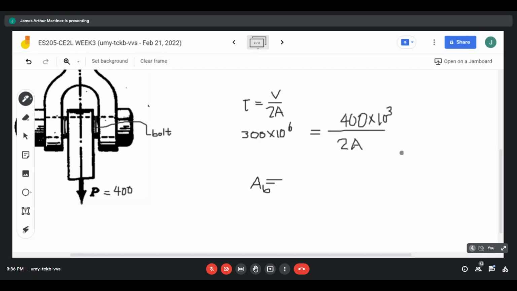So you have an area of the bolt of 0.667 times 10 to the power of negative 3.